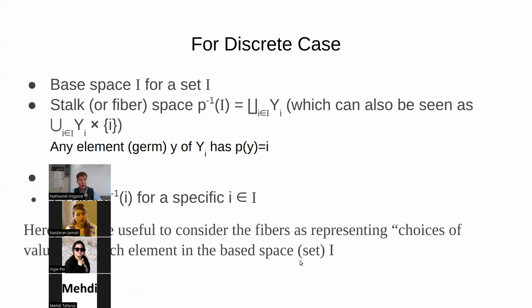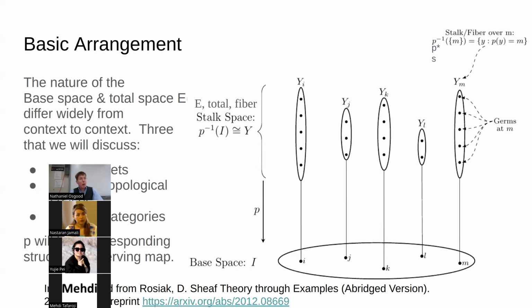What I'm thinking with this is that each object in the base space is like a knowledge graph. And the reverse image of P is like a representation of a knowledge graph, a particular set of possibilities.